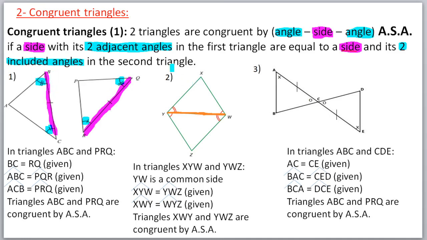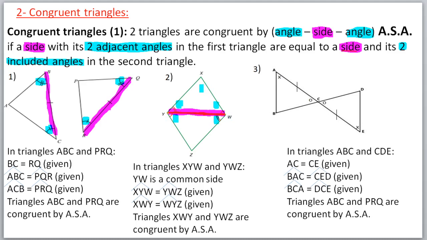Let's take another example. Look at these triangles, XYW and YWZ. We have a side in common and we have an angle here and an angle here, an angle here and an angle here. So two adjacent angles and one side.